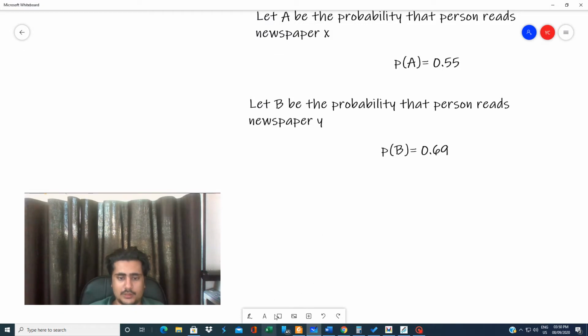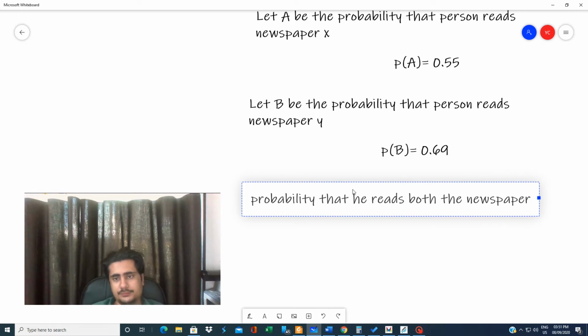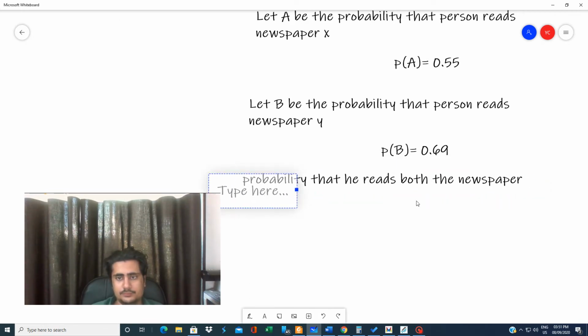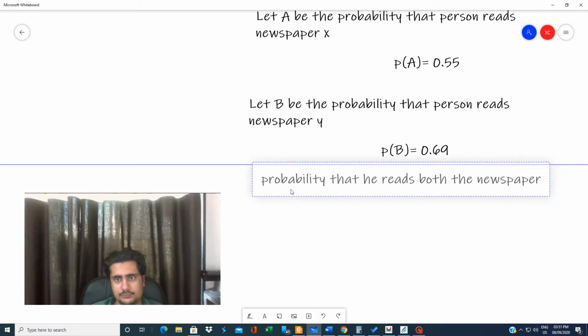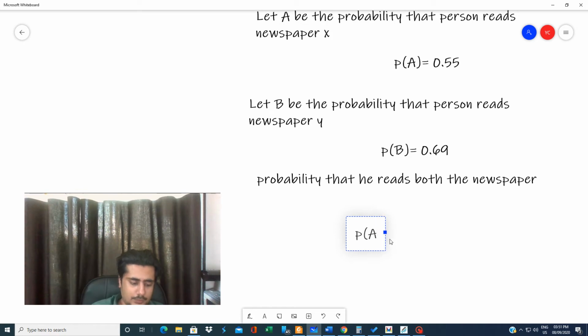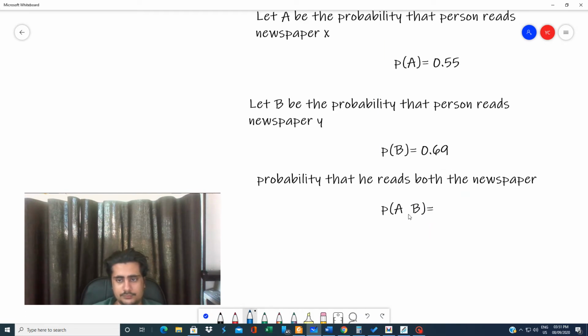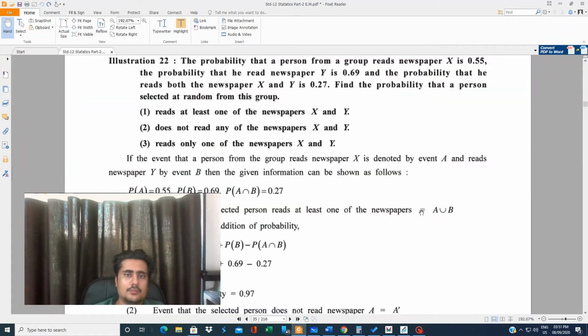The probability that he reads both, A intersection B, is 0.20.